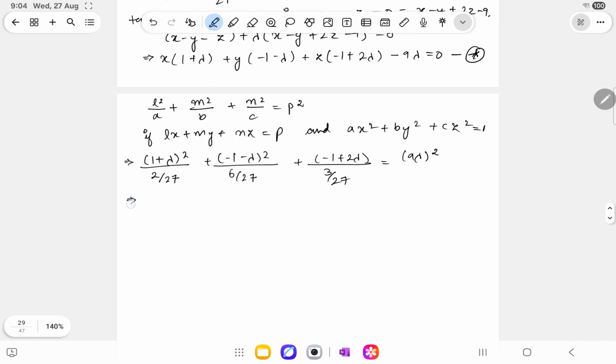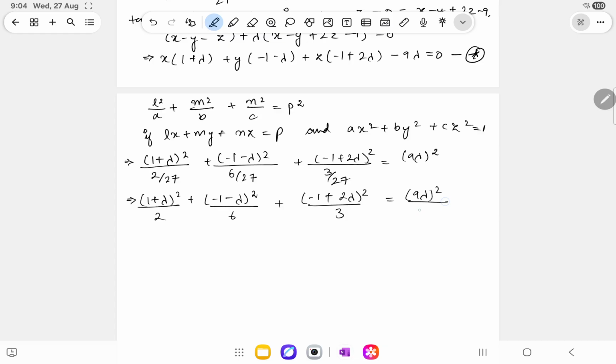So if I simplify it, I will get 1 plus lambda square plus minus 1 minus lambda square by 2 by 6 plus minus 1 plus 2 lambda square by 3 is equal to 9 lambda squared by 27. So this can be further simplified.